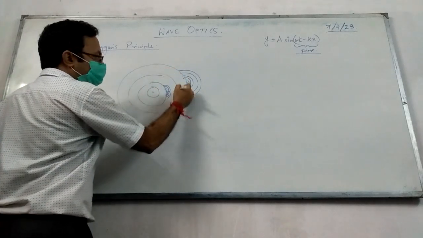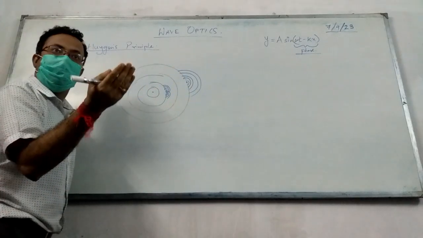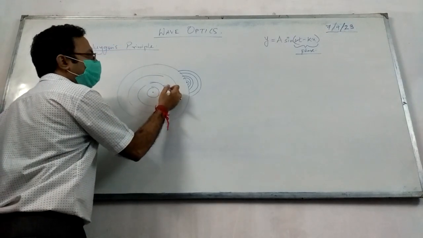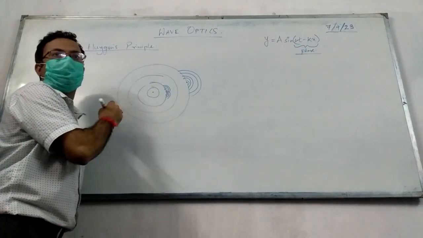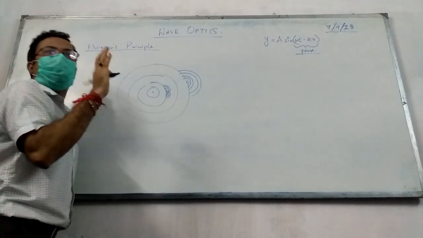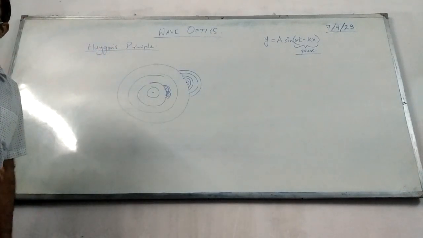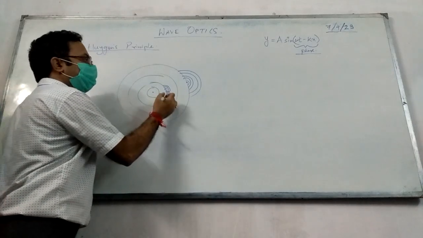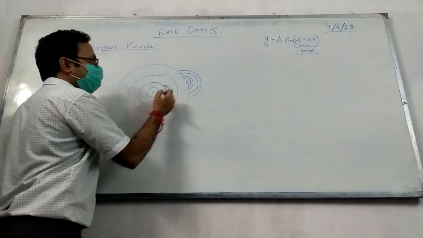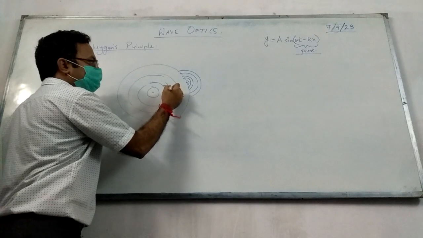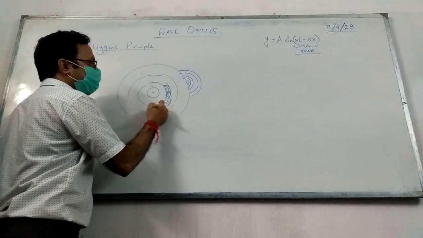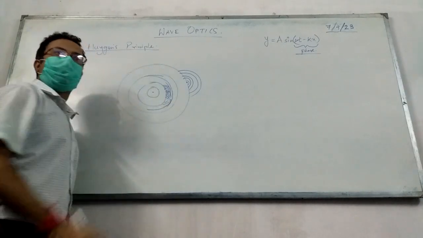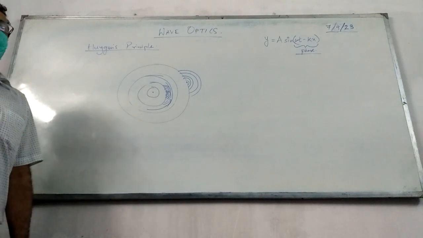And the next wave front, the big wave front which you can see, is the resultant of all these small wave fronts. You don't see these small wave fronts in actual life, but this final wave front which comes up is because of the small wave fronts, and you take tangents to these small wave fronts that creates the next bigger wave front. ठीक है?